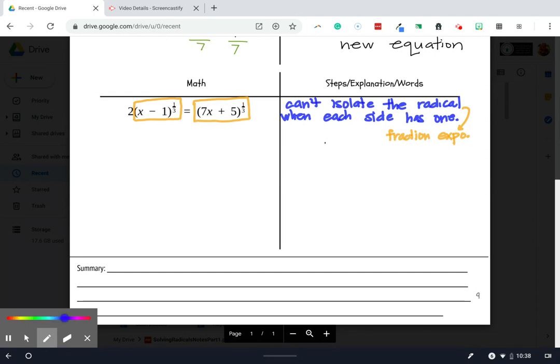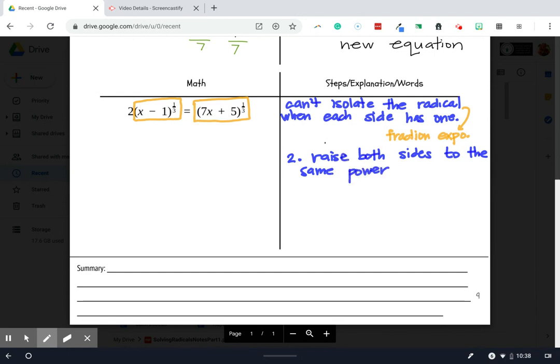So in our step 2, which is raise both sides to the same power, that part hasn't changed from what we did in the problem before. The only difference is how we find out what that power is.